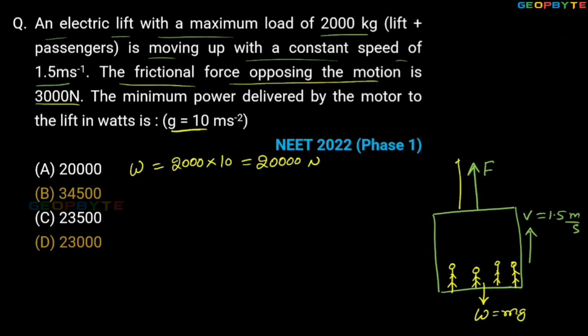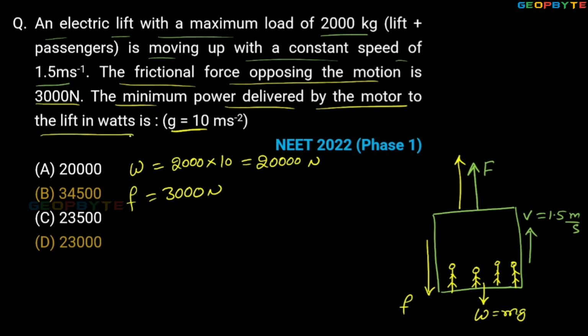This is the direction of motion. Therefore, the frictional force is acting along the weight direction. That frictional force F is given as 3000 newtons. The minimum power developed by the motor to lift the lift, in watts. That means what is the minimum power required for lifting the lift by means of a motor. Indirectly he is asking the motor power.